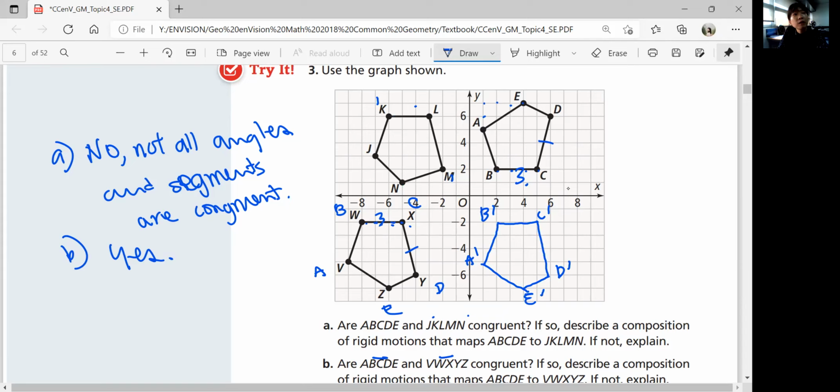How many units to the left? 1, 2, 3, 4, 5, 6, 7, 8, 9, 10 units to the left. So it's a glide reflection, right? So we're going to reflect first, and then translate 10 units to the left after we reflect it across the x-axis, okay?